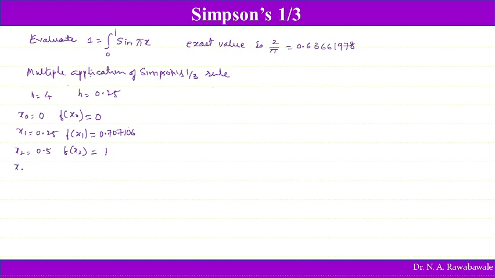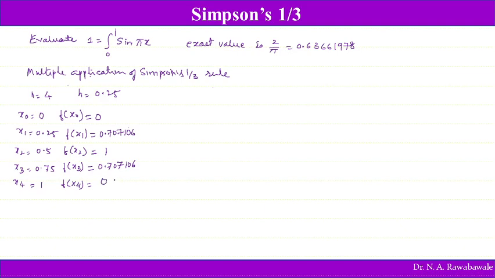Then x3 is 0.75, f of x3: 0.75 into pi, sine in radian. Then we get this as again 0.707106. Then x4 is equal to 1. Then f of x4 is going to be 0.